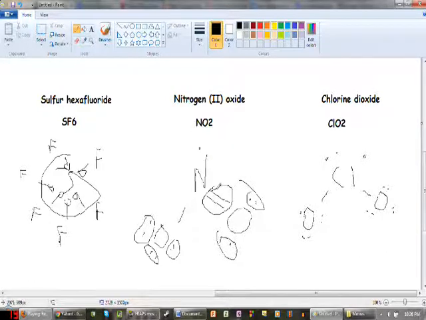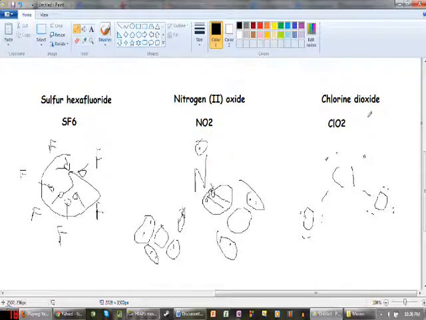Let's use one here, and so you have to put it in your structure, because it has 5 valence electrons. 1, 2, 3, 4, 5.